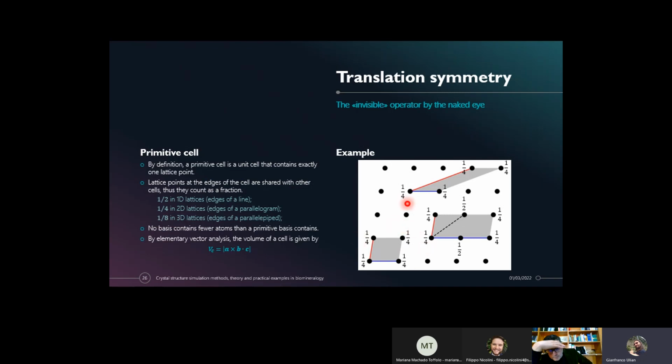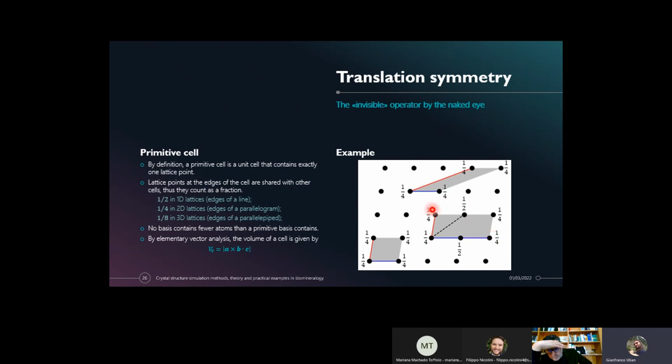This is the case of a three-dimensional lattice. In 3 dimensions, each of the edges counts for 1/8. For example, this lattice here is not primitive. Why?